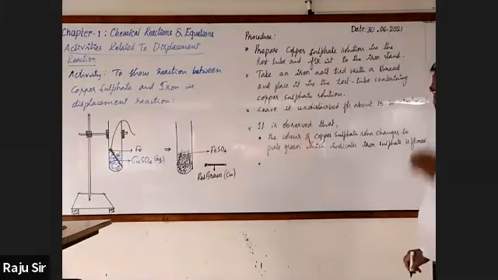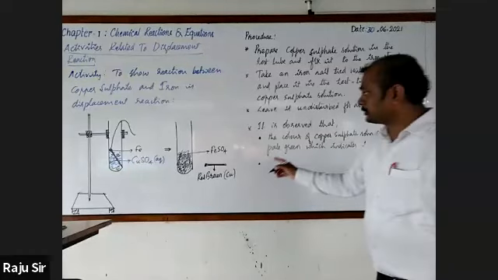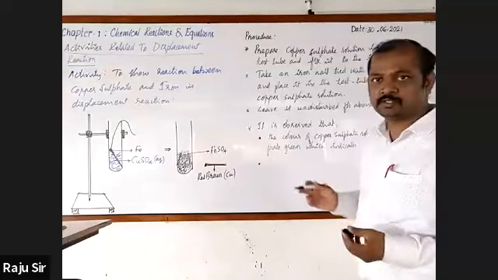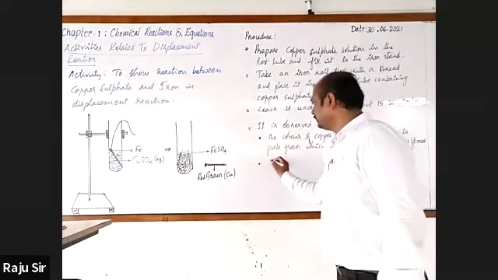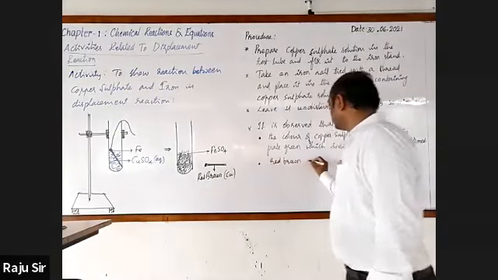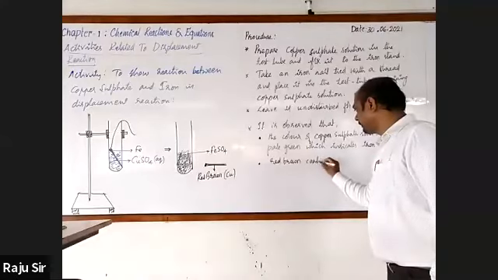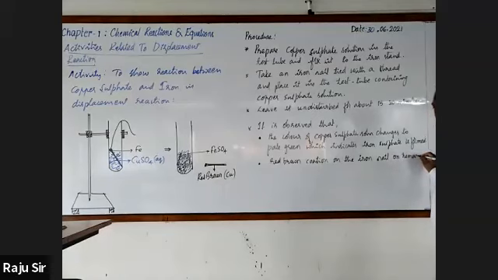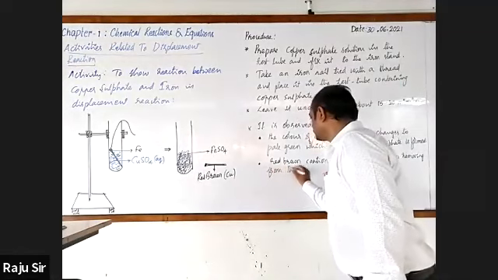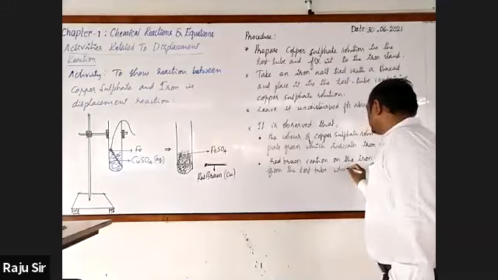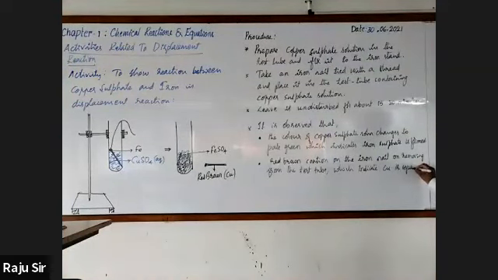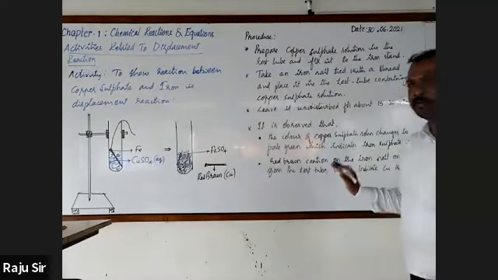Next observation: it is observed that a red brown coating is on the iron nail on removing from the test tube, which indicates copper is separated. Okay, this is our observation.